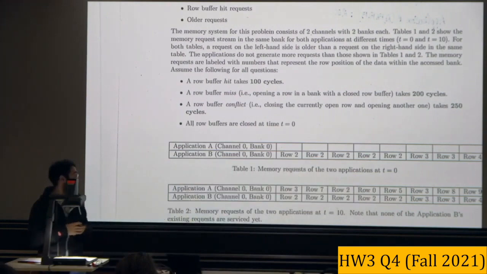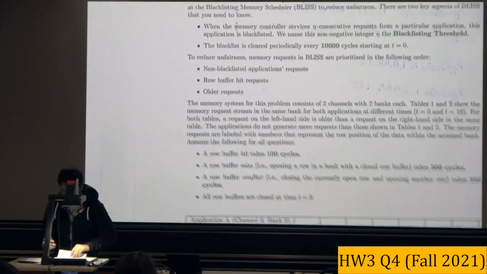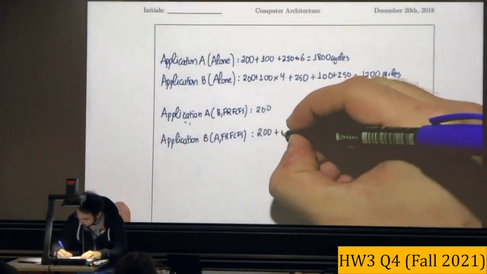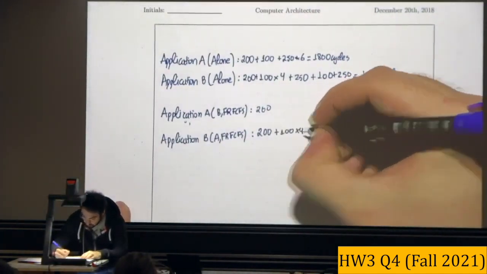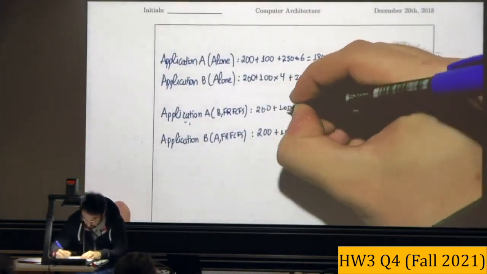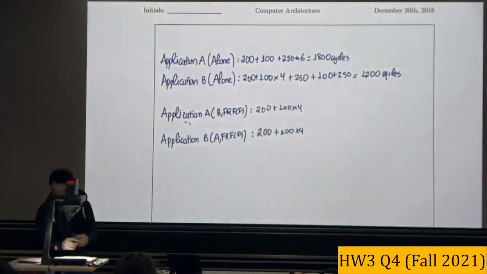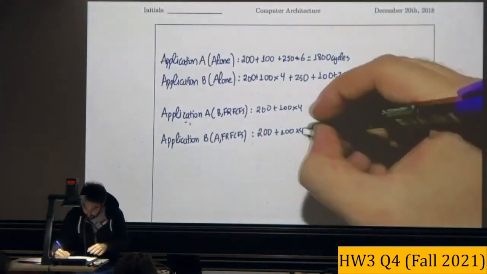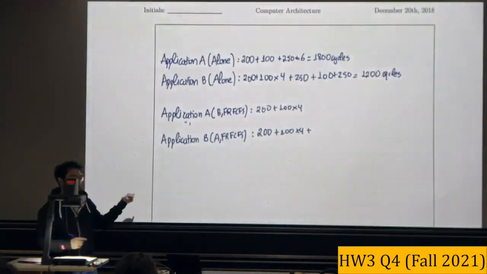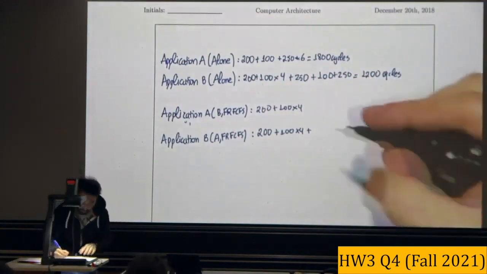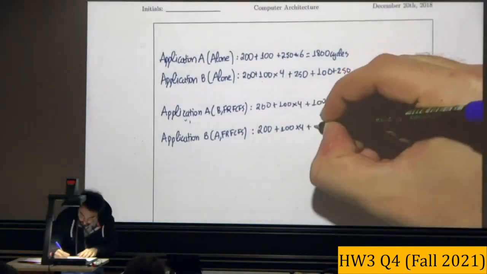So what we will do is that we will have 200 plus 100 multiplied by 4, and 200 plus 100 multiplied by 4, because we perform an accumulative mixed latency. Then we service row 2 from application A. So we have a hit in both.